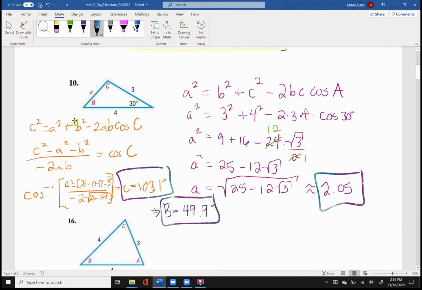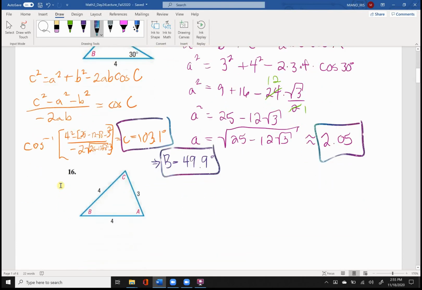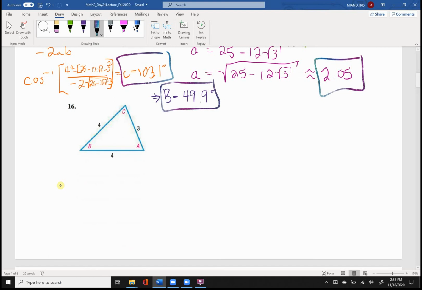So in this first case, for number 10, we had two sides and an included angle known, the SAS situation. Here we have an SSS, where the only thing that we know are the three side lengths. Actually for this one, there's a special thing happening.